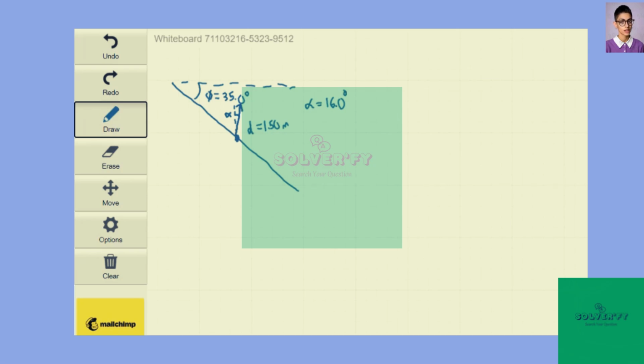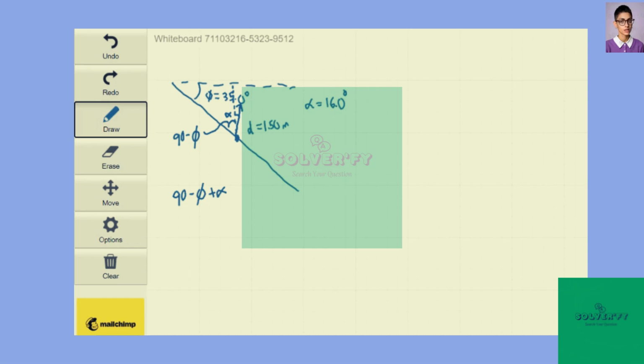Okay, so what I'm going to do then is, this is the vertical here, and this is theta. So this down here, right here, is going to be 90 minus, not theta, phi. So this total angle here is going to be 90 minus phi plus alpha.